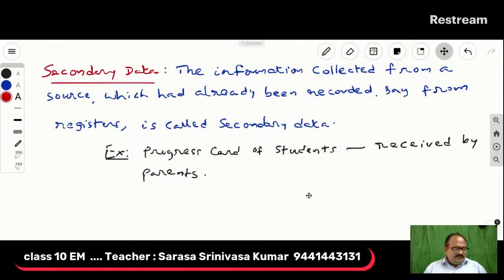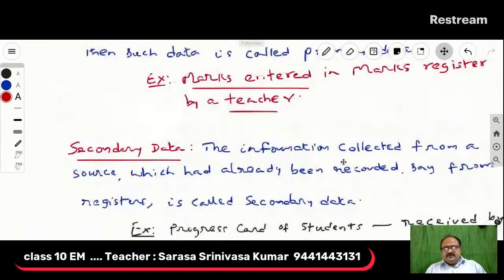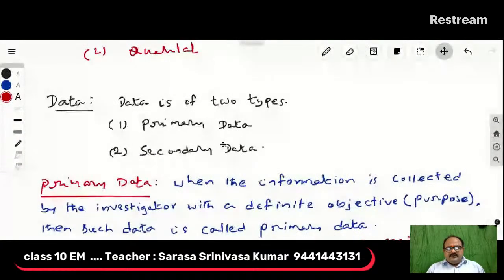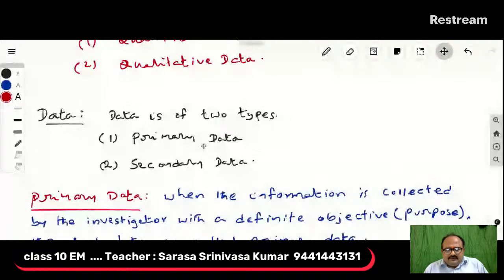Now this is about collection of data. First we have understood the definition of data, and first we study the collection of data.